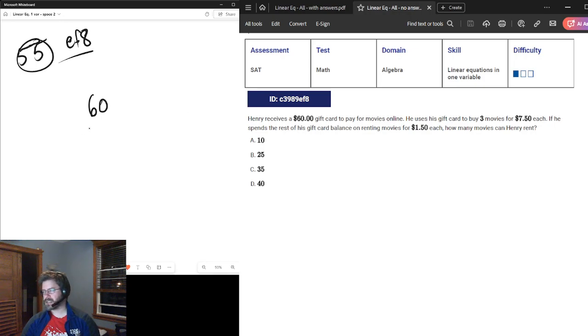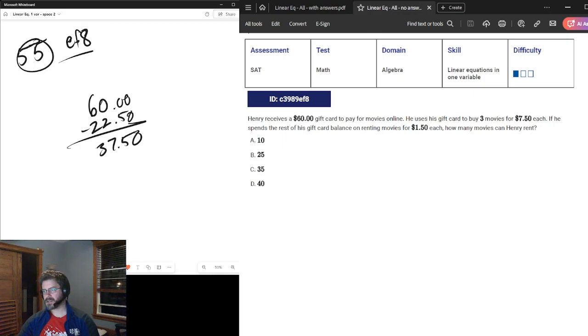We have spent, what is that going to be? $22.50 or something like that. 3 times 7.5 is, yep, $22.50. So subtracting that, 60 minus 22.50 is 37.50, and he's going to spend that on rentals at $1.50 a pop.